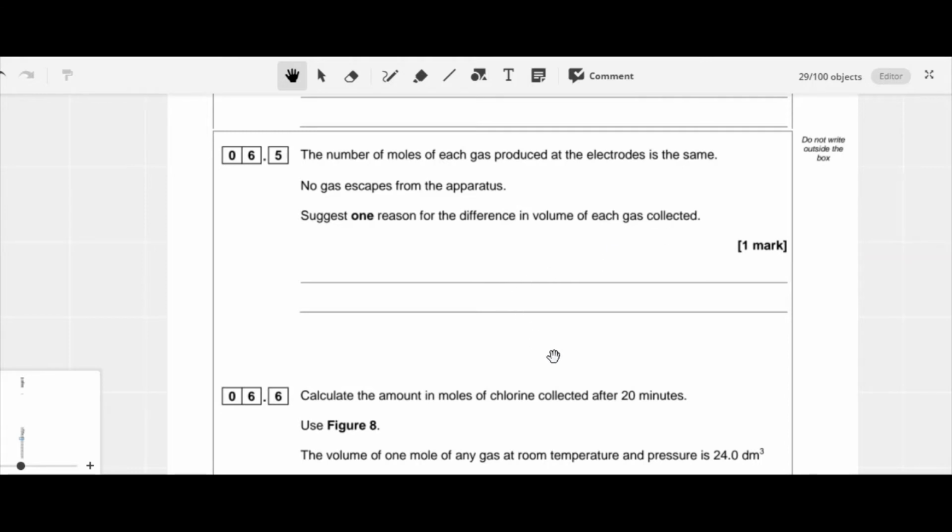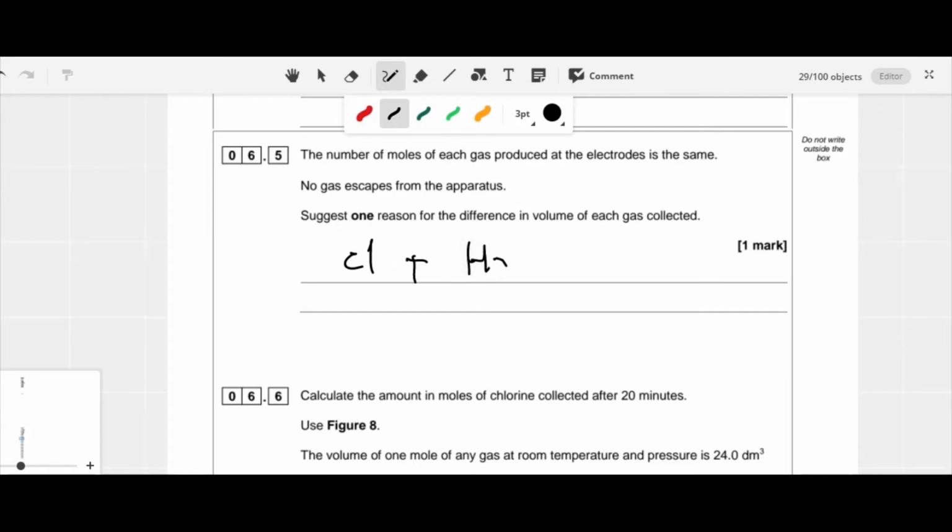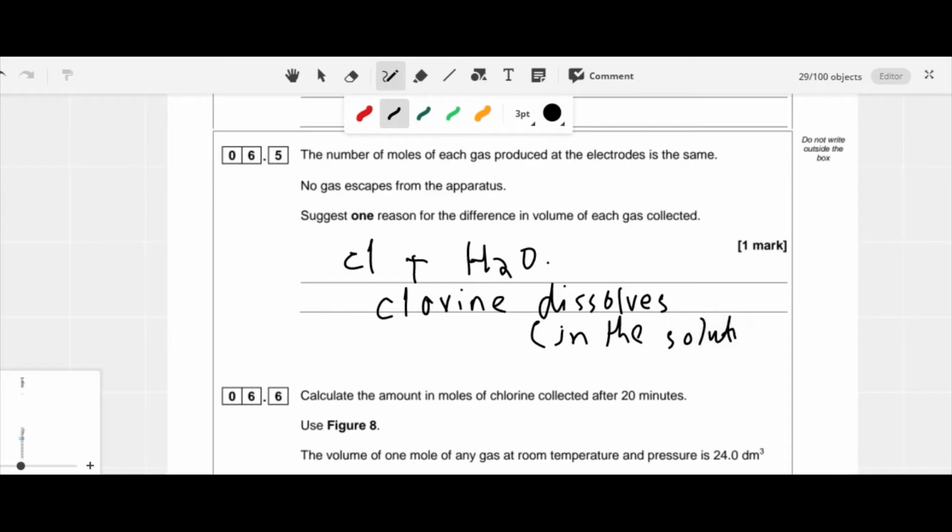As we know, chlorine can react with water, or you can say the chlorine dissolves and will be in the form of solution. That is the reason why no gas escapes from the apparatus.